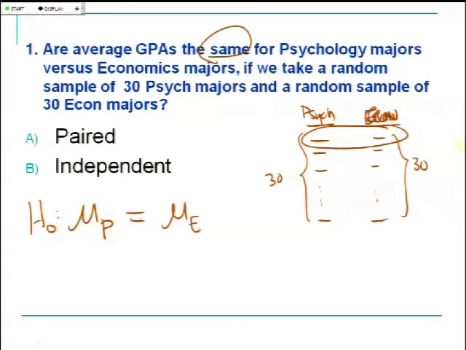I could write the H0 as the mean for psychology being equal to that for econ, or what else could I write it as? The difference in those two means is 0, to identify the parameter and this null value. Good. Independent samples, not matched pairs. You could always refine your technique to do some matching if you thought that was important, but here there's no indication of any pairing.